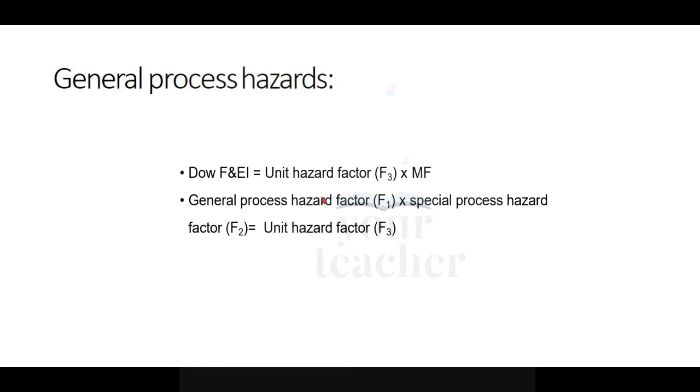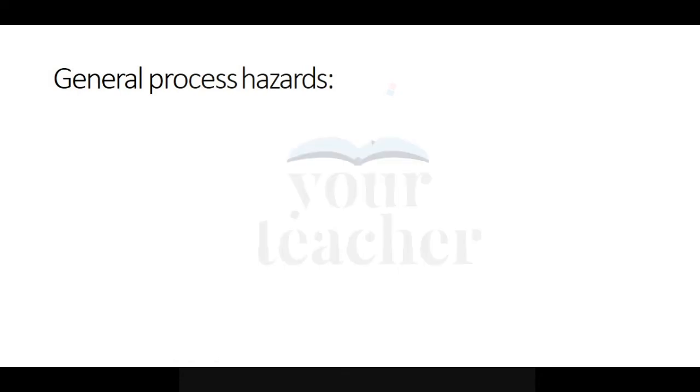The next term in the Dow Fire and Explosion Index equation is the unit process hazard, which is obtained by multiplying the general process hazard factor and the special process hazard factor. Therefore, the next procedure after the determination of the material factor is the determination of the general process hazard factor.